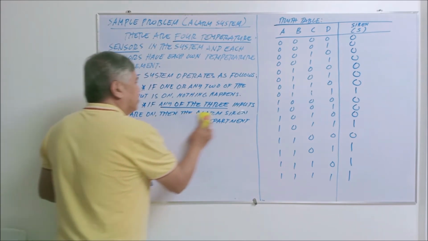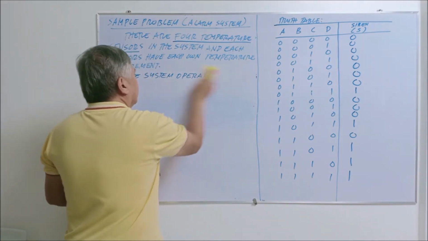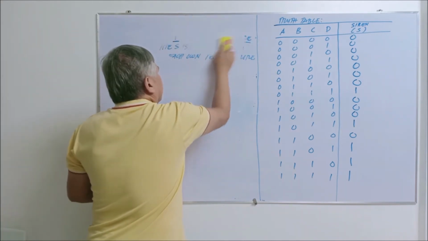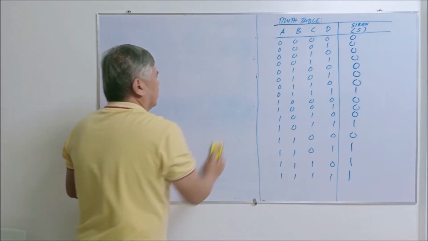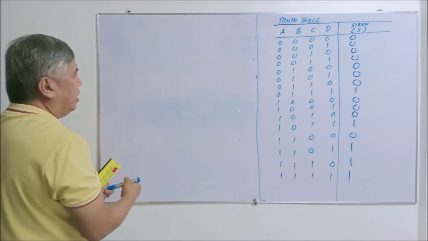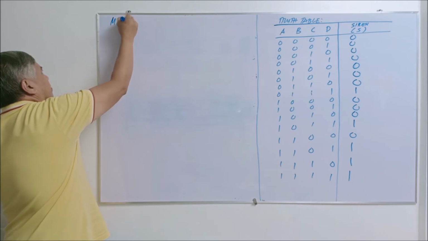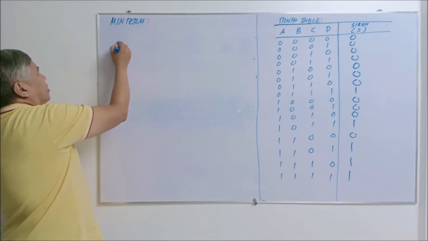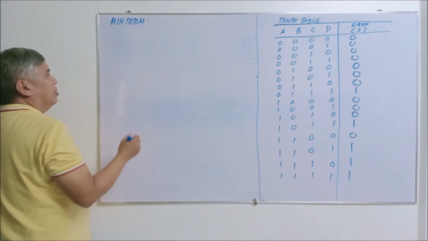Now, let us obtain the logical circuit equivalent using our K-map. Let's say we use first the min term. It is represented by summation of small letter m.